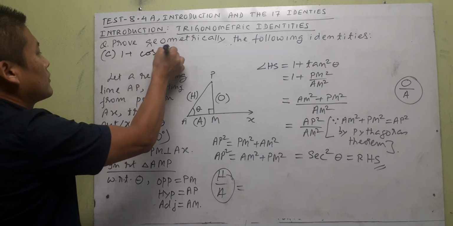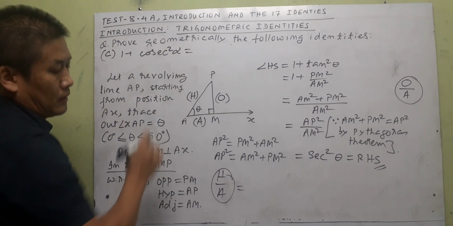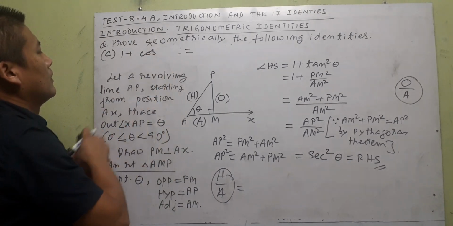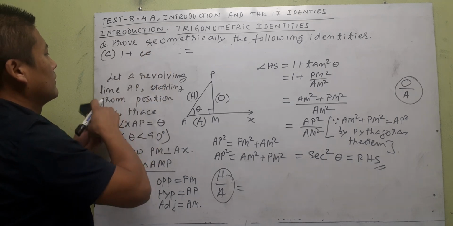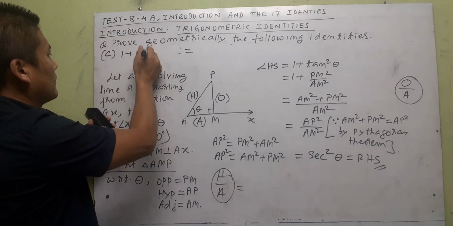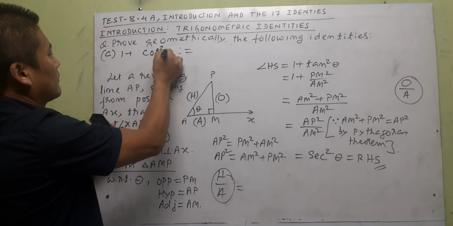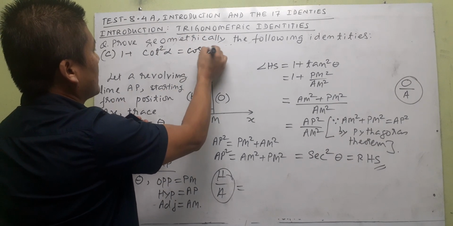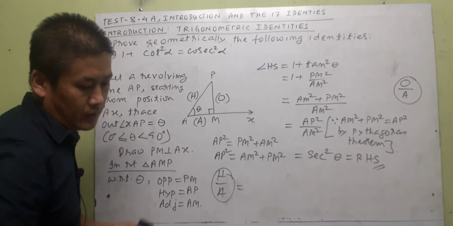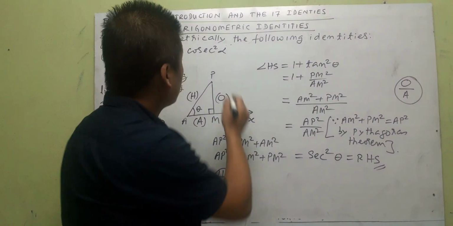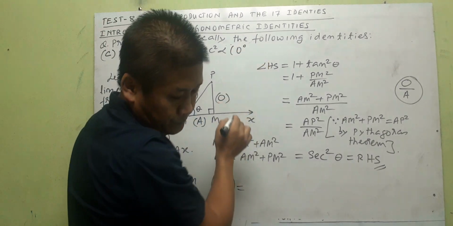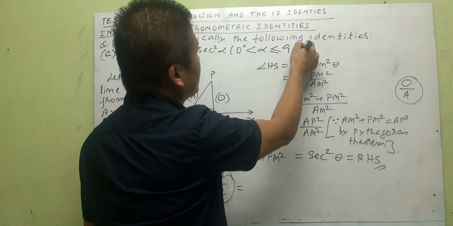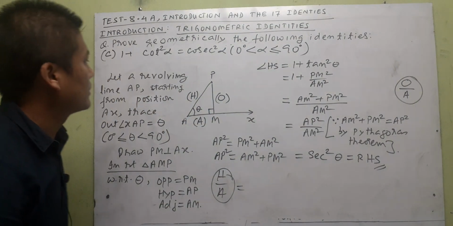Suppose it comes like that, cosec square alpha is equal to cot square alpha. 1 plus cot square alpha is equal to cosec square alpha. Okay, the condition is different again, 0 degree less than alpha less than or equal to 90 degree.